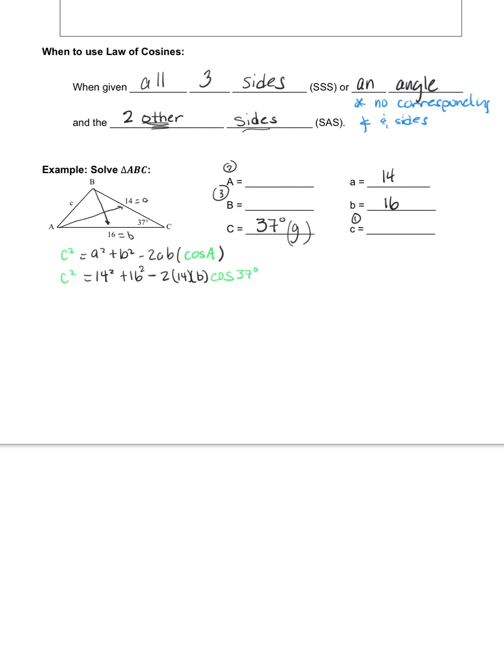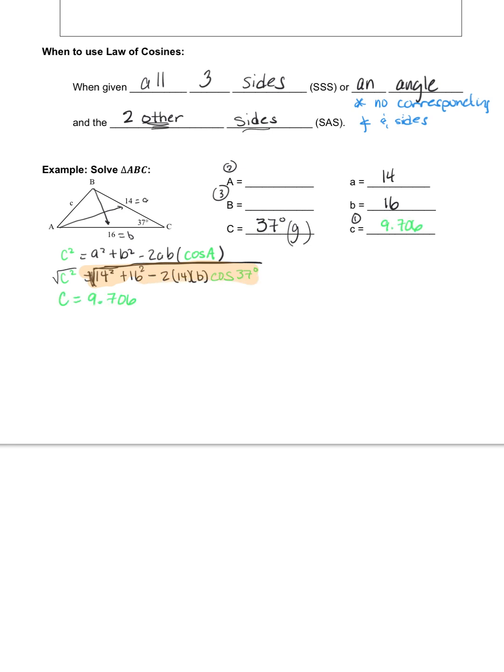Okay, so now remember, if we have the c, or the variable that we're solving for, on one side by itself and everything on the other, we're going to just take the square root of both sides. And in our calculator, we're just going to put this part right here. All of this will go, whoops, straight into our calculator. Okay, so take the time to do that and come back and see what you did.